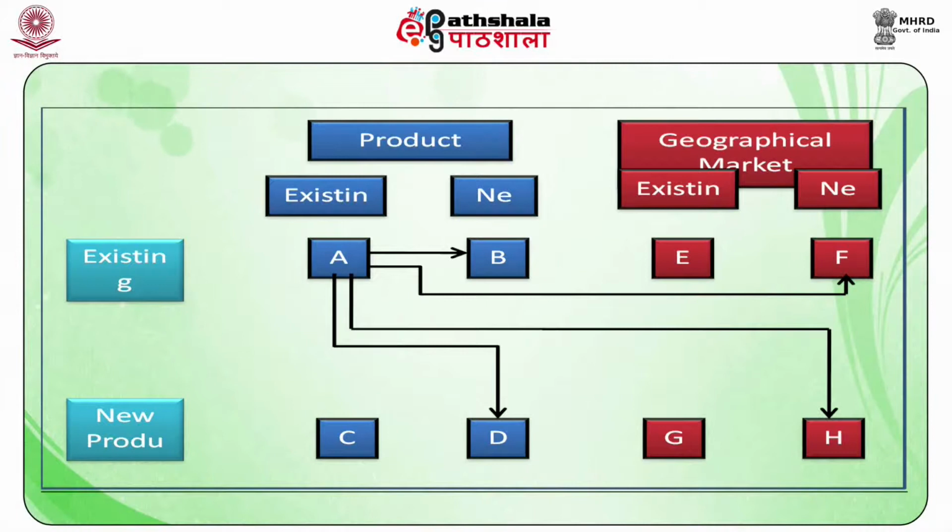This has been illustrated in figure 1. The initial position of the firm is in box A, that is its existing product market, and box E, its existing geographical market. Under this condition, firms grow depending on the general growth of the existing market and the ability of the firm to outperform its competitors.